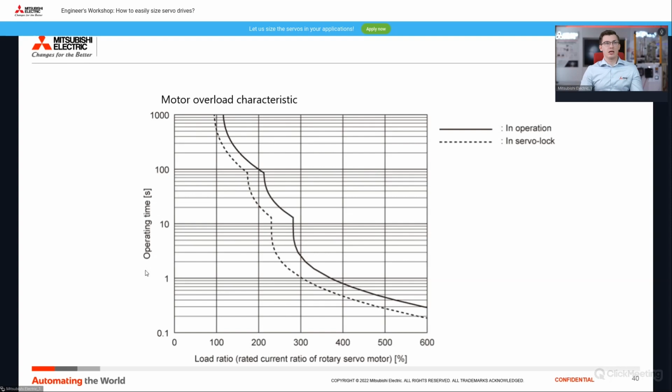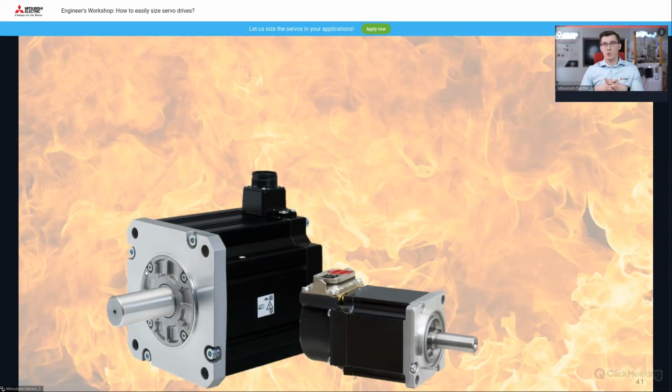Okay, but a well-sized motor will be hot. And it should be hot. Why can we not overload the motor at 3 times for more than about 1 second? Because after that time, the servo amplifier will go into a thermal error, an overloading error.